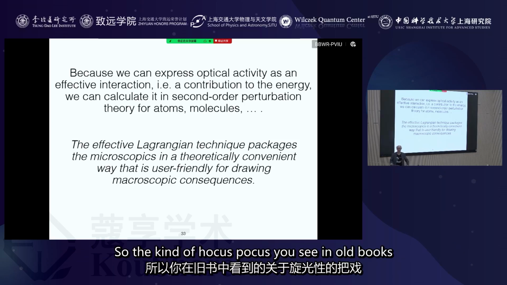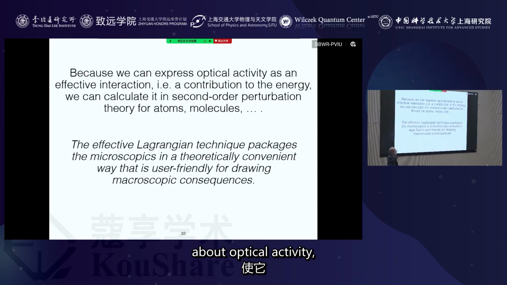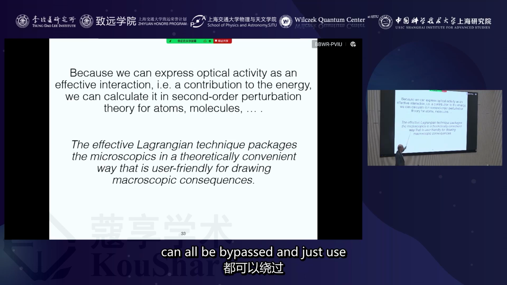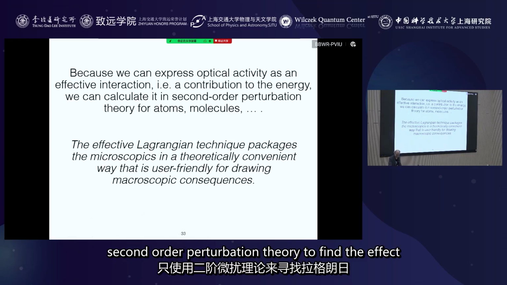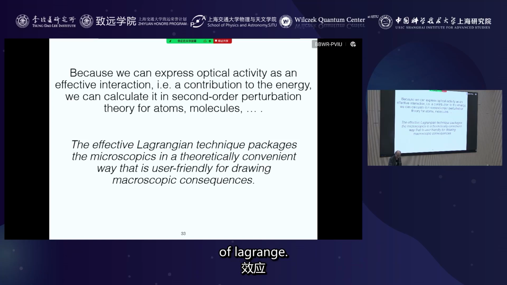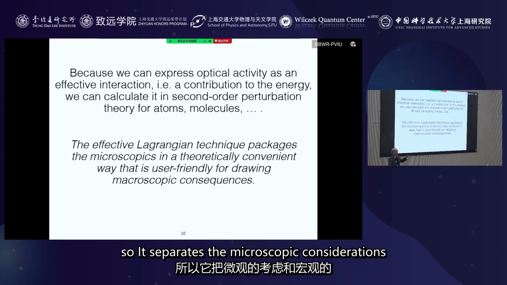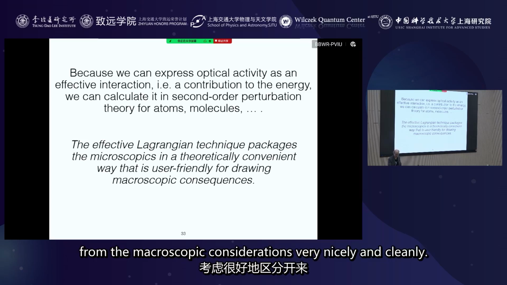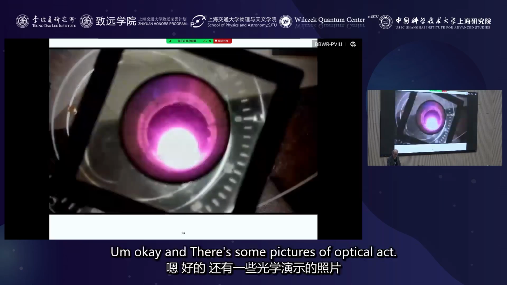So the hocus pocus you see in old books about optical activity, which makes it look very obscure and difficult, can all be bypassed, and we just use second order perturbation theory to find the effective Lagrangian. So it separates the microscopic considerations from the macroscopic considerations very nicely and cleanly.